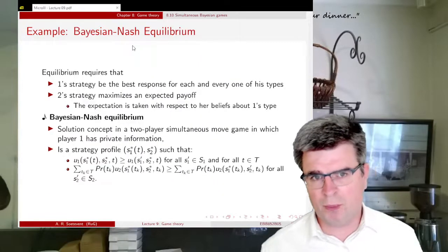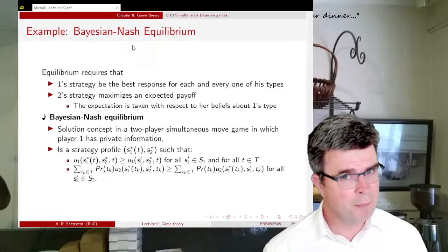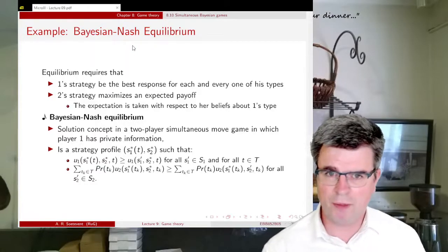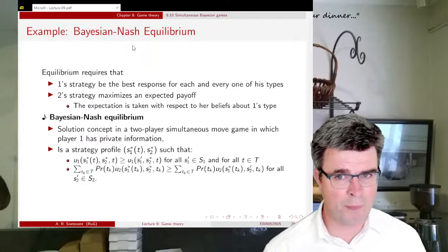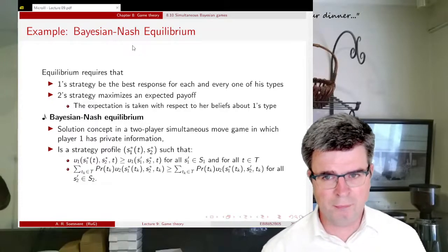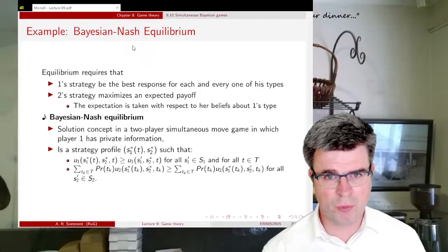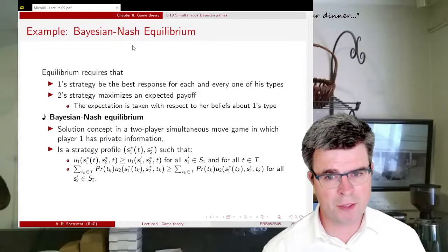And, well, what we learned in the course is to find an equilibrium, a Nash equilibrium, and the type of equilibrium that we need to find in games of incomplete information is called Bayesian Nash equilibrium. And again, the equilibrium requires that for player one, the strategy that he chooses in equilibrium is the best response for each and every one of his types.